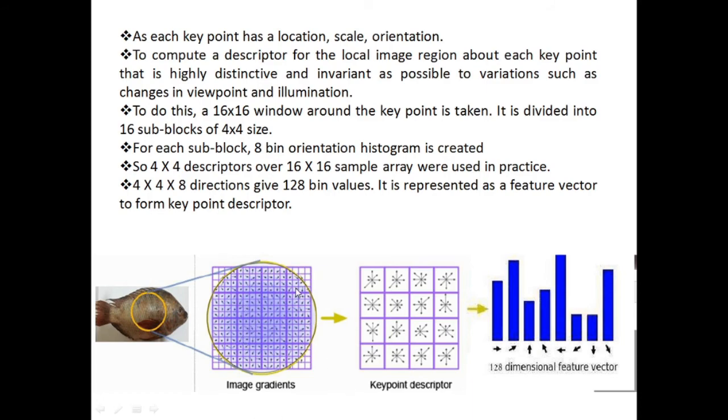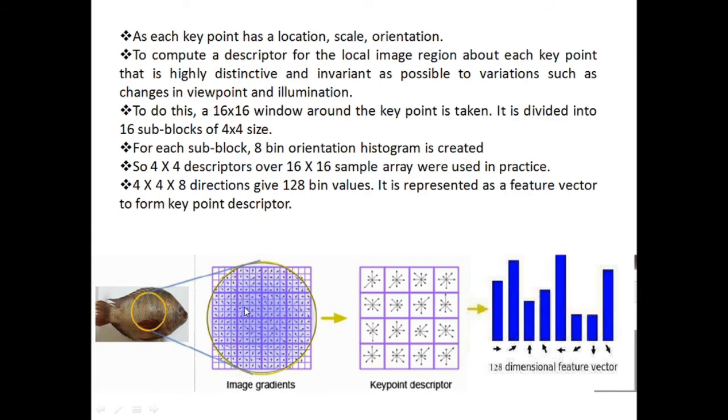This 16 cross 16 has how many sub blocks? 1 2 3 4, that means 16 blocks are there. Each and every sub block is using 4 cross 4, and each sub block is using an 8 bin orientation histogram.